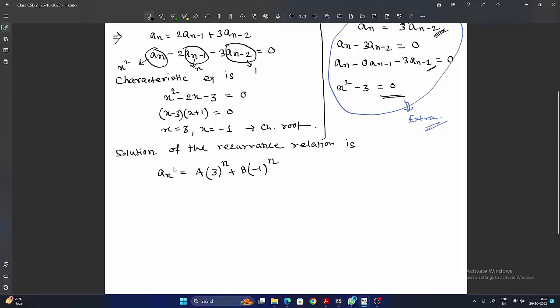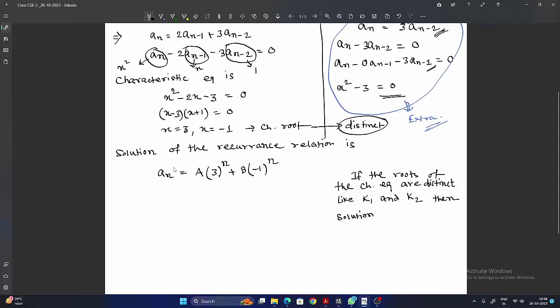So if the characteristic roots are distinct, meaning different, suppose k1 and k2, then the solution is a_n equals some constant a times the root k1 to the power n plus b times k2 to the power n.